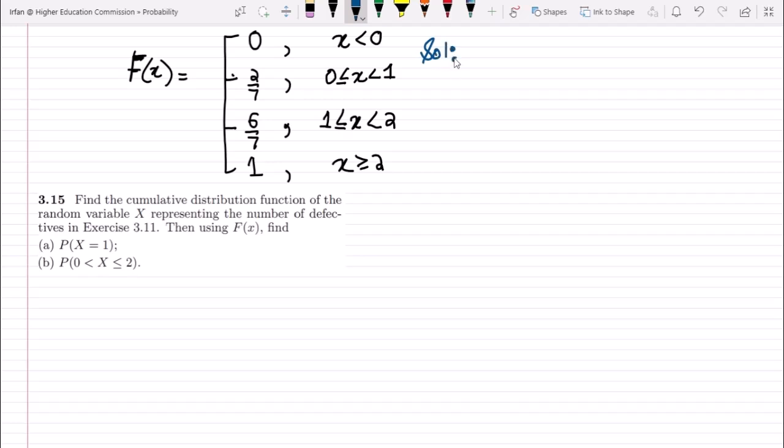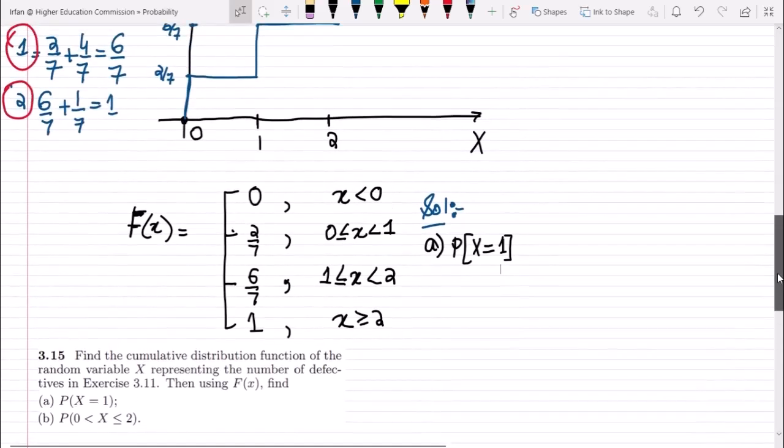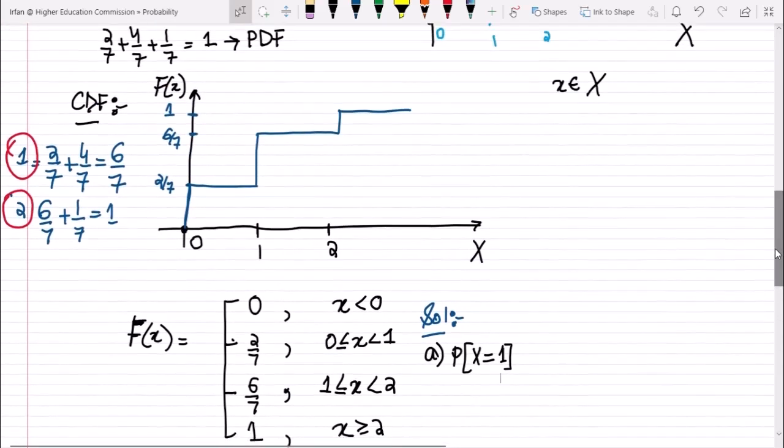This is basically the solution we have, and in the solution we have part A, where I have the probability of X equal to 1. Previously we have seen that the probability of X equal to 1 is basically the region which lies here, below it, and this is the value I want to find.